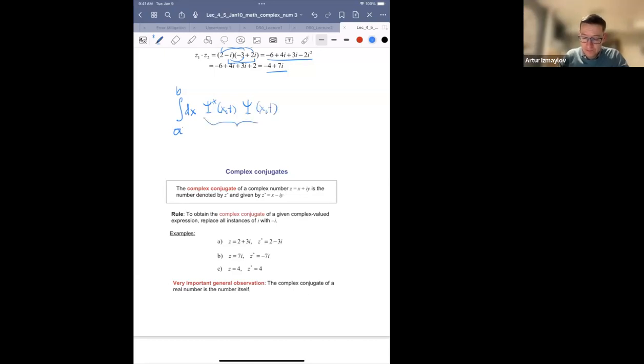And this quantity is known as the absolute square, meaning that it's always positive or equal to 0, non-negative, mathematically speaking.